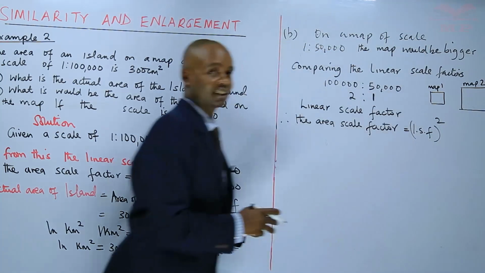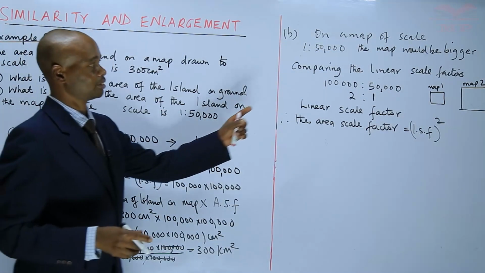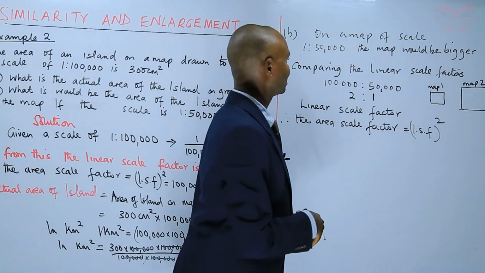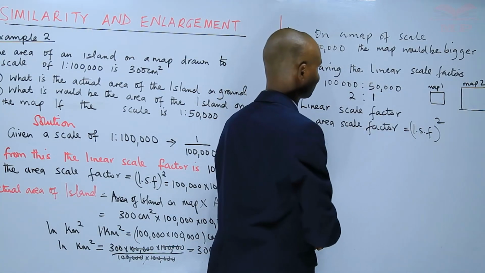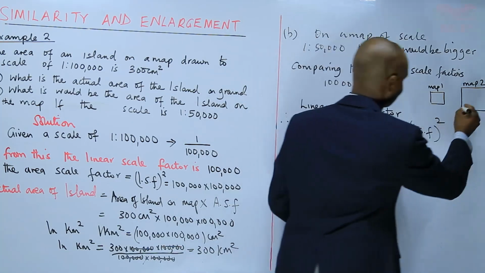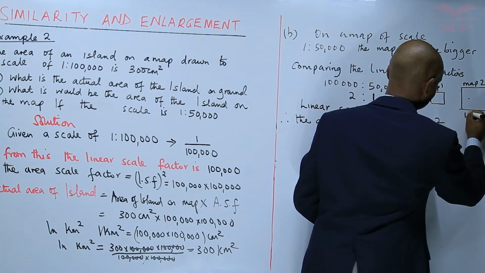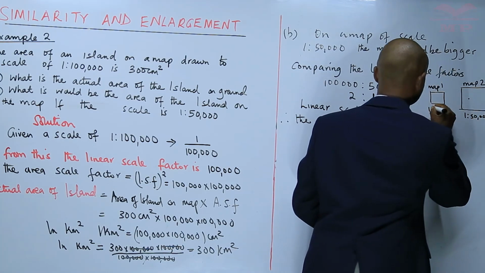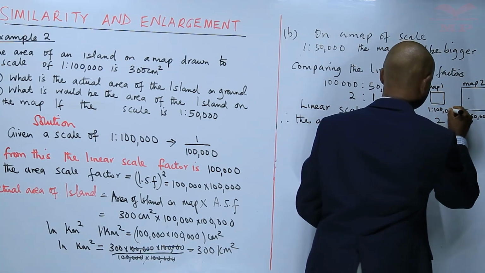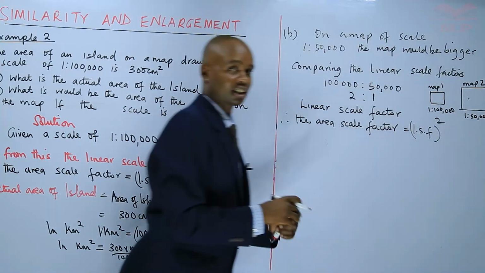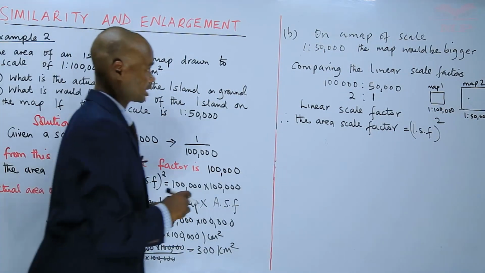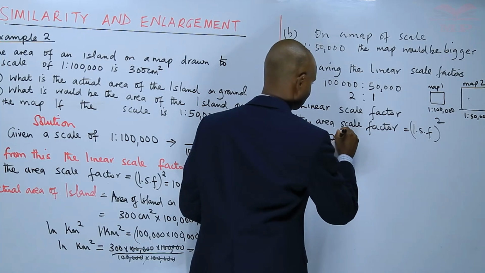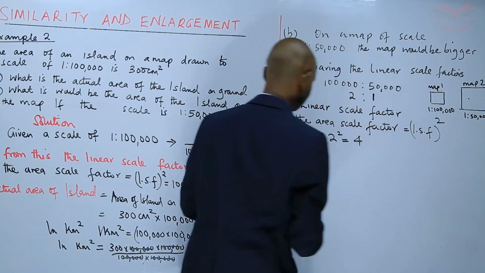You are comparing the two in terms of linear ratio. This one is drawn to 1 to 50,000, this is 1 to 100,000, much fractionalized, made much smaller. So this will be equal to 2 squared, which is 4.